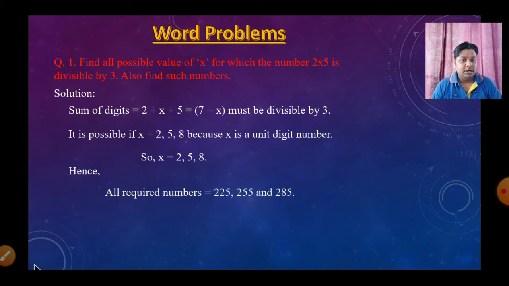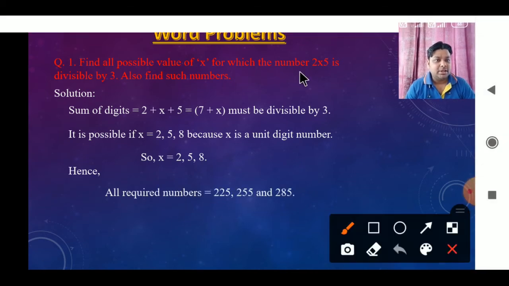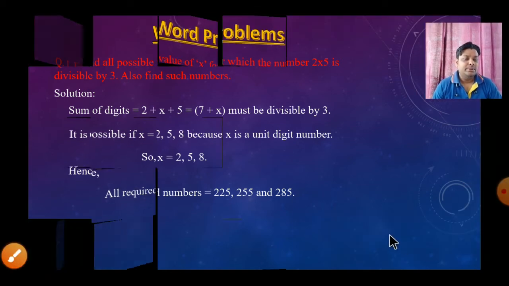In the middle you can see the first and last digits are the same, 2 and 5, but in the middle we have put the values 2, 5 and 8. So the possible numbers are 225, 255, 285, because we have to find such numbers also. Okay students, now let's see another problem here.